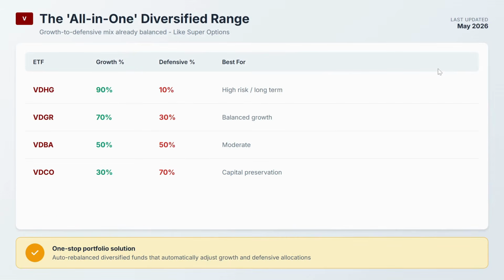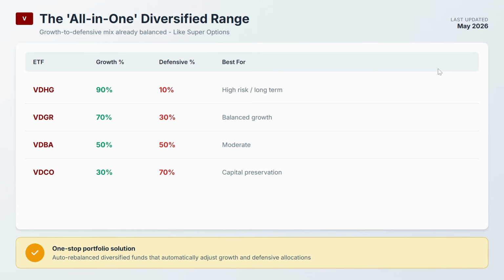All-in-one diversified range. Now, if you don't want to build a portfolio from scratch, Vanguard's all-in-one diversified ETFs are perfect. Think of them like superannuation investment options, but inside an ETF. VDHG is 90% growth assets, 10% defensive, high risk, long term. VDGR is 70 over 30.